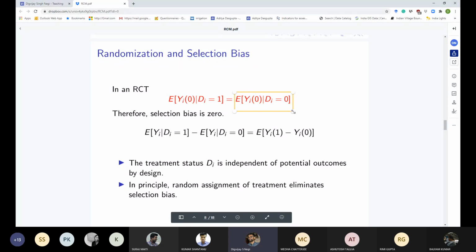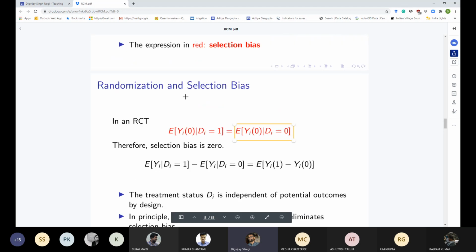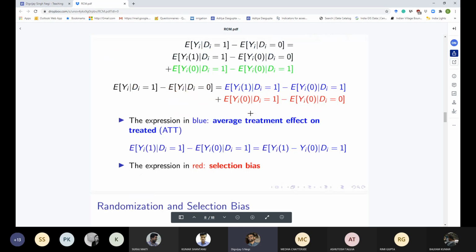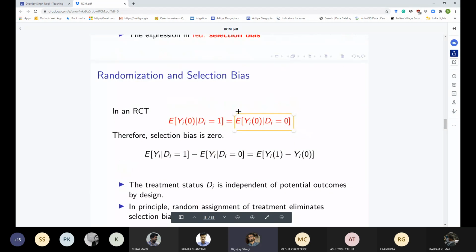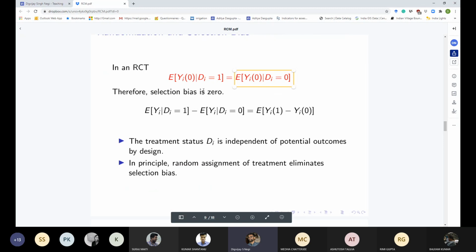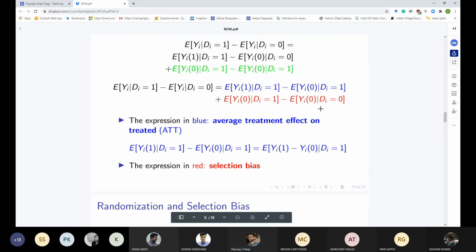Suppose we could randomly assign students to attend IGIDR: we select a group, randomly choose some people who will attend IGIDR and keep the rest from attending, and then compare their job market outcomes. In that scenario, the two objects in the selection bias term would be the same, and therefore the selection bias would be 0.